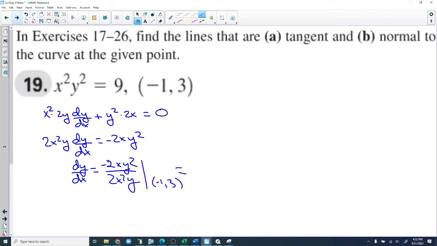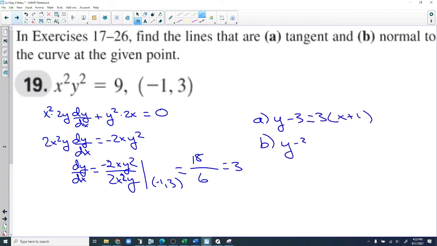On the top we have negative 2 times negative 1, that's 2, times 9 is 18. In the denominator, 2 times 1 is 2, times 3 is 6. So the slope is 3. (a) y minus 3 is equal to 3 times (x plus 1), and (b) y minus 3 is negative 1/3 times (x plus 1). There's the normal line.